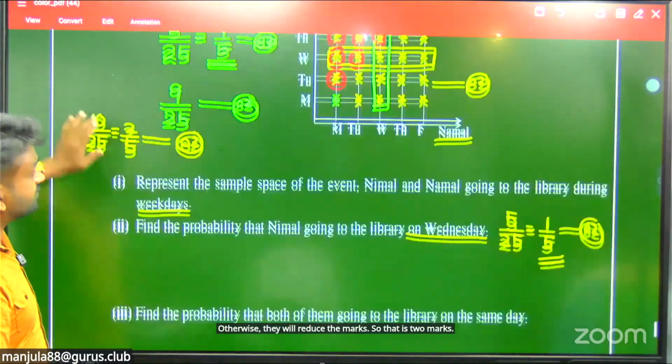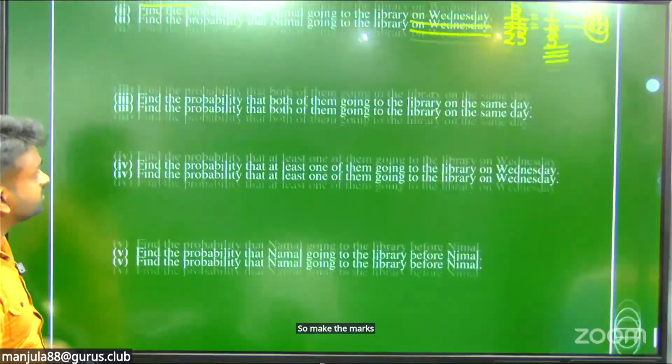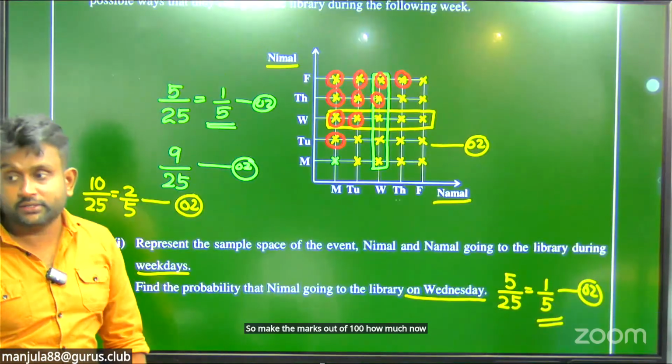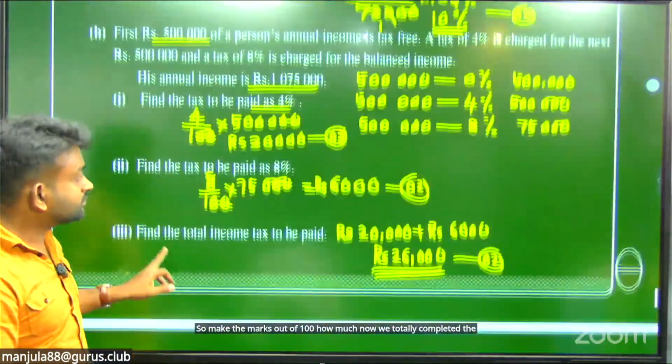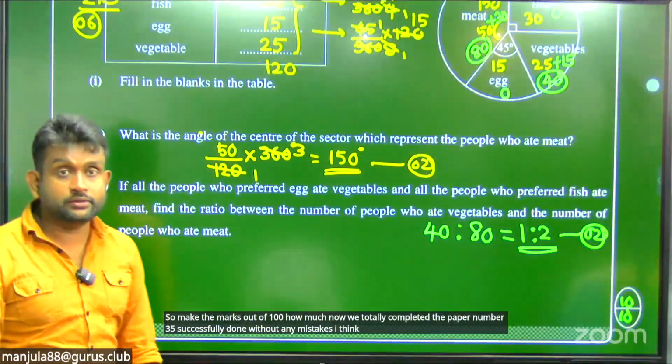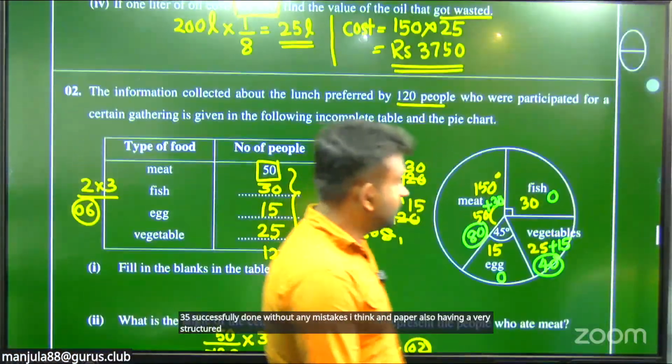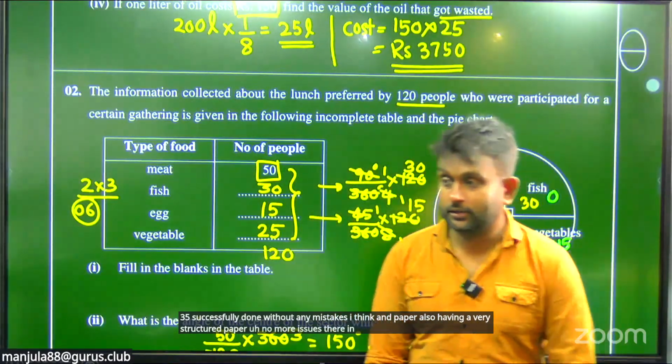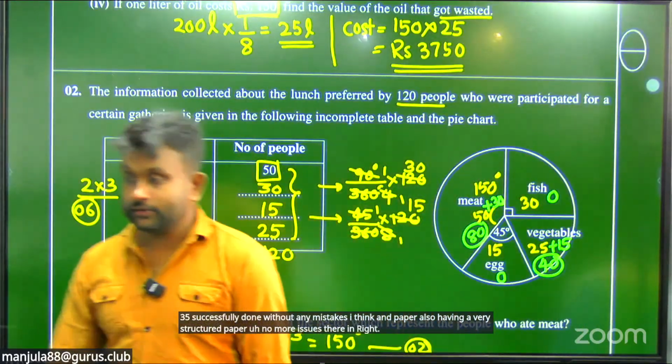So make the marks out of 100, how much? Now we have completed paper number 35 successfully, without any mistakes, I think. The paper is also very well structured, with no more issues, right? Okay, make the marks.